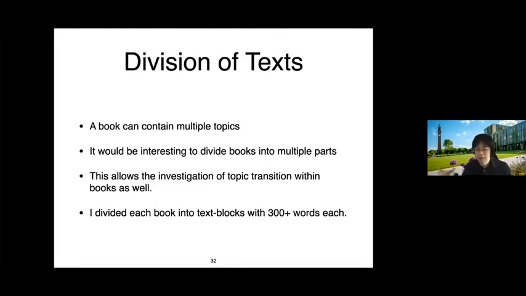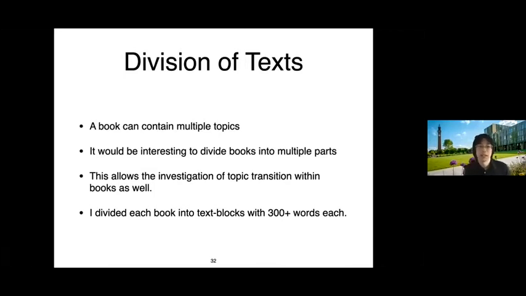So we can say this book consists of 5% of topic 1 and 7% of topic 2, etc. But we cannot say something like topic 1 is more prominent at the beginning of the book, and topic 7 is more prominent at the end of the book. So to isolate the transitional topics within a book, it'd be interesting to divide a book into multiple pieces.